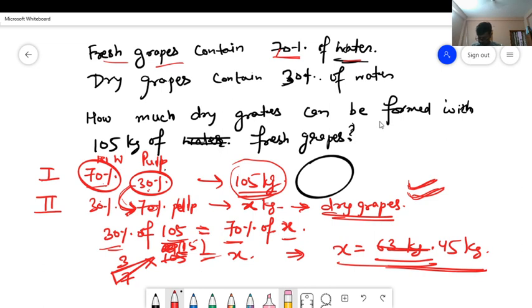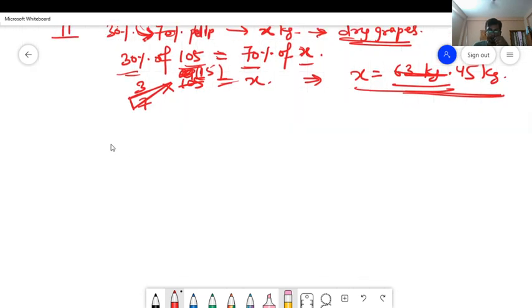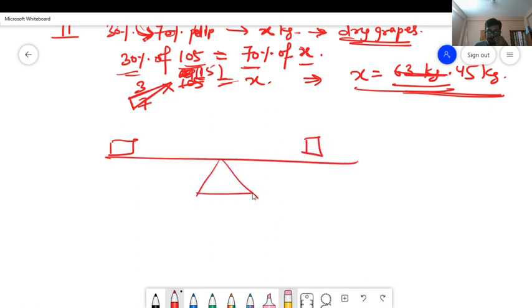Now how would we do it differently? Tell me. Okay, let's take the seesaw method. Seesaw method will give us the other one also, right? This is what kg, right? We are getting the mean here, and we will put the values here.